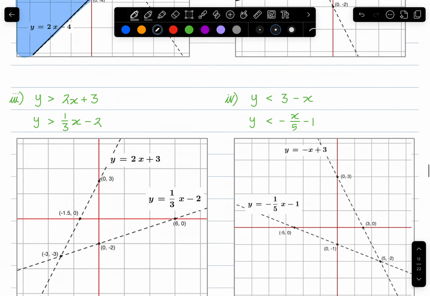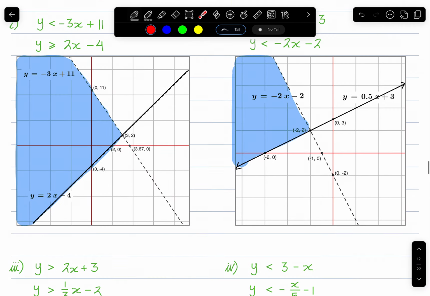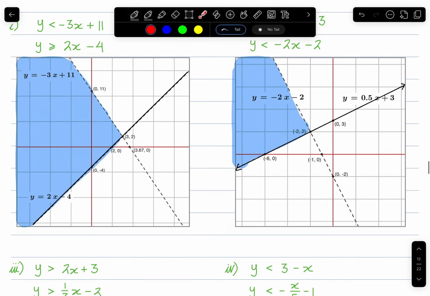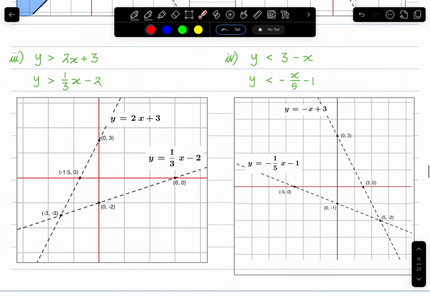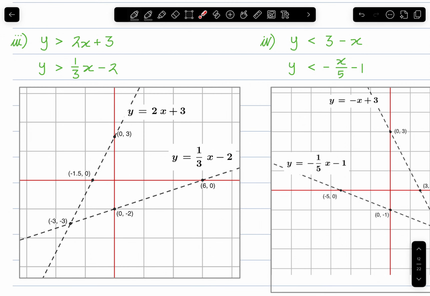These next two use another technique that you can use to really just pick out whether it is or isn't that region. So remember, you can go back to this test, picking the point 0, 0. But an easier way of doing it is the one I'm going to demonstrate to you here. So when it says y is greater than 2x minus 3, it's saying: for the point that I pick, is this y value above the line? I'll repeat.